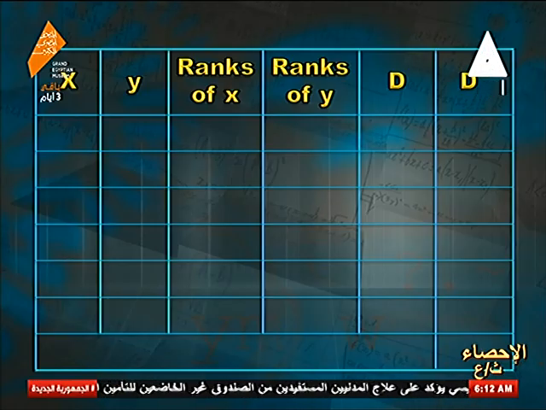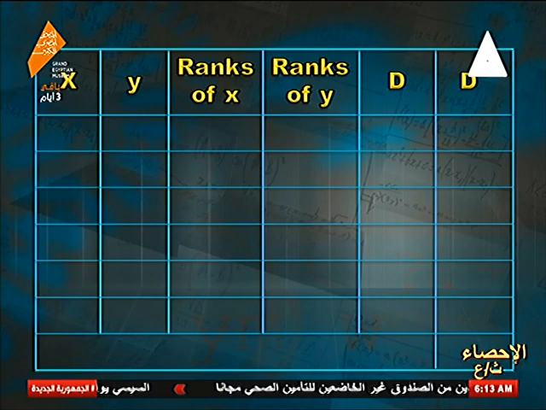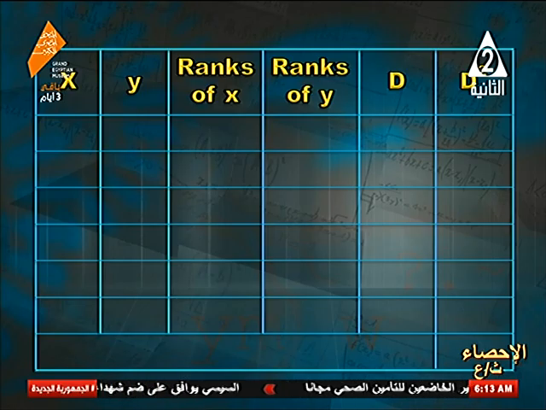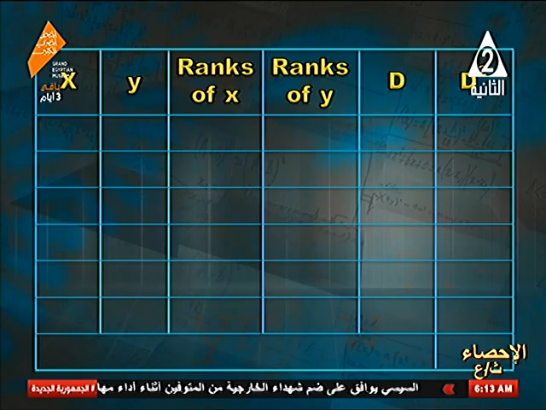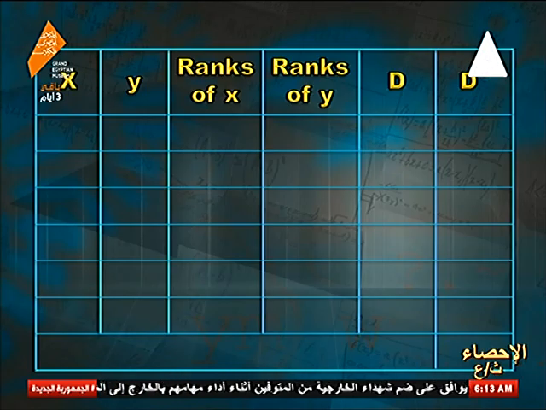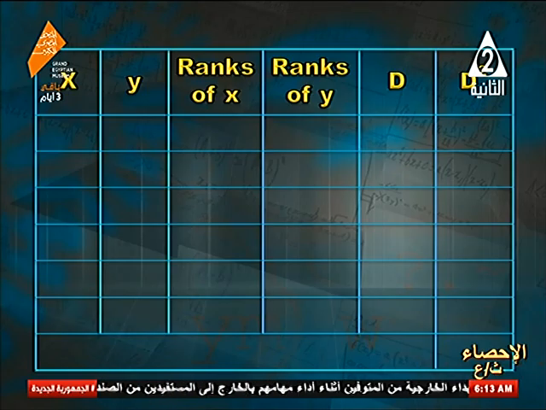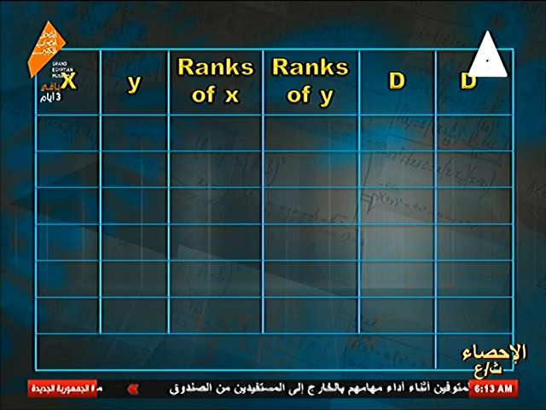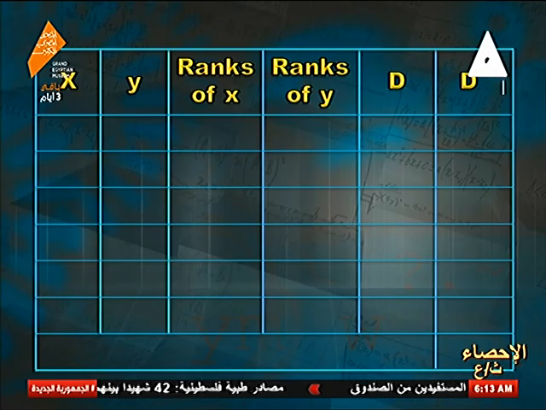We have 6 columns. The first column represents the values of X. The second column represents the values of Y. The third column represents the rank of X. The fourth column represents the rank of Y. D represents the difference between rank X and rank Y. D square is the square of the previous column.